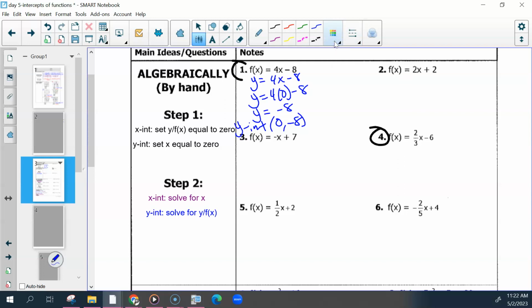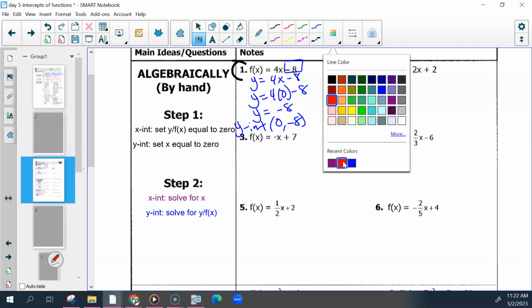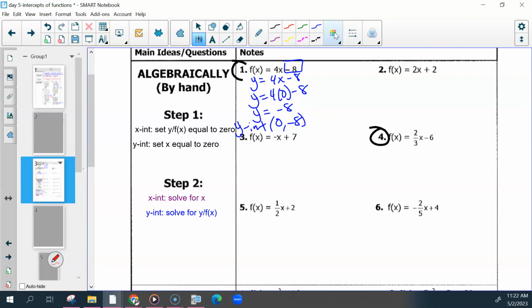When it's in this format, you could also just look at this number by itself. That's always going to tell you your y-intercept. So you don't have to do the work for the y-intercept if it's in this format, but if it's not in this format, then you would.